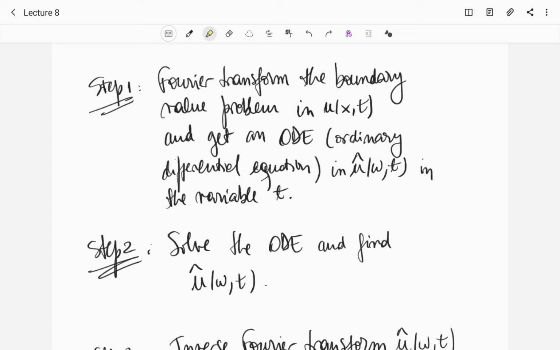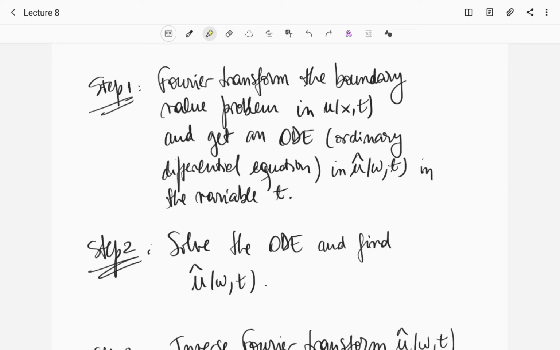And after working a bit with the partial differential equation, we get two easier ODEs. Easier in the sense that before learning how to solve partial differential equations, we learned how to solve ordinary differential equations.